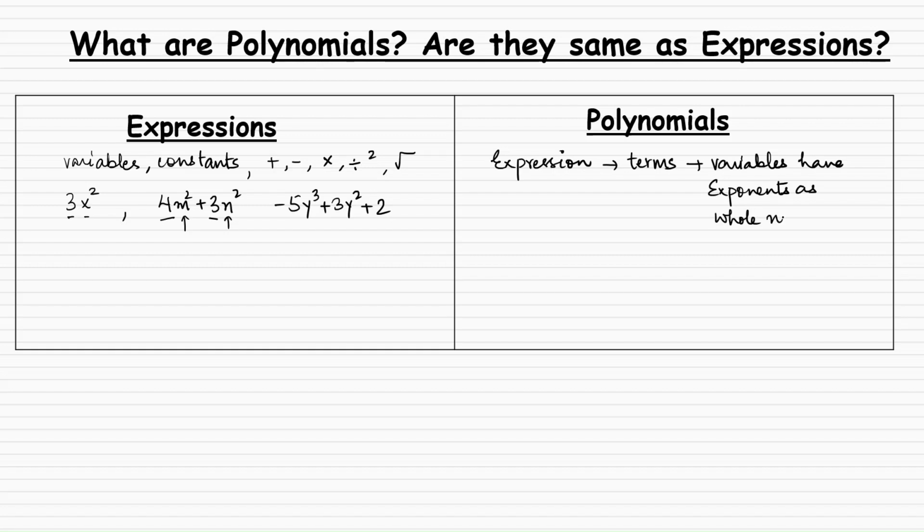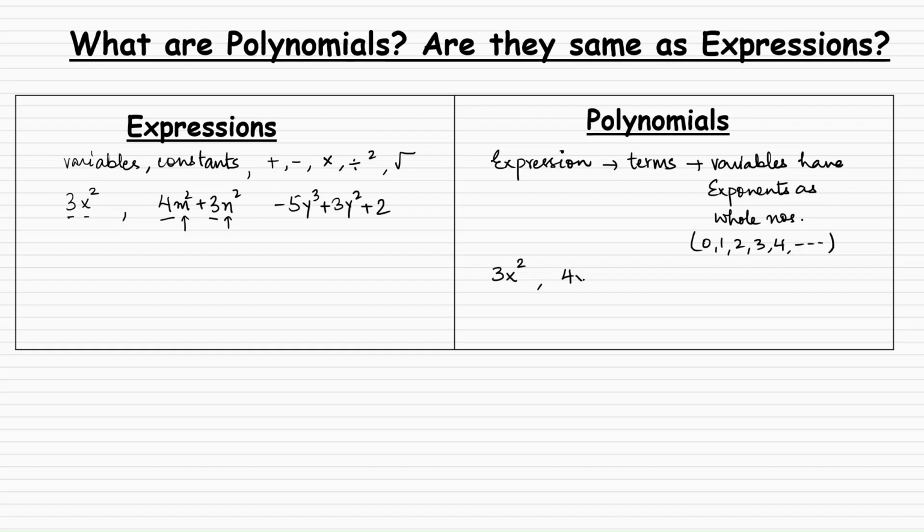When I say whole numbers, it means I am talking of all the positive numbers along with 0. So what is the condition? The variable should have positive exponents. For example, 3x square. The variable x has the positive exponent 2.